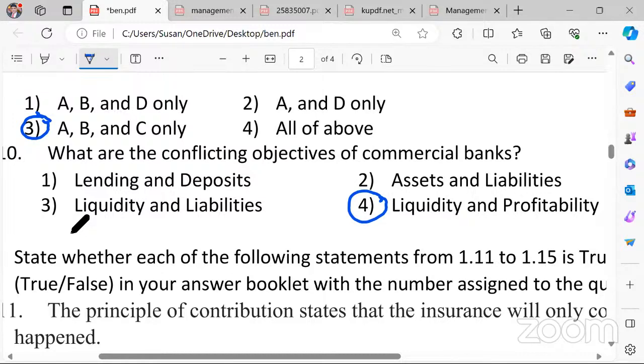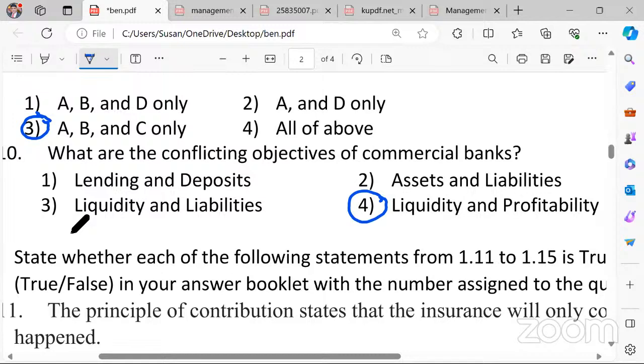Liquidity is the money they have in cash form. To make profitability, they have to spend money. That means they have to use deposits. To earn profitability, they have to lend money to those who are borrowing.